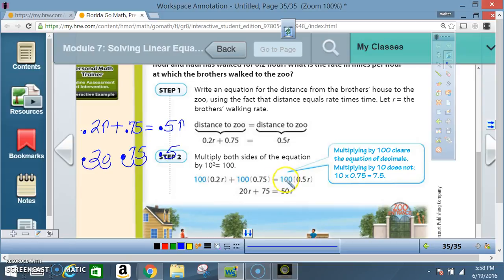On the other side, 100 times 0.5, two places, ends up being 50. So we end up with 20 times R plus 75 is equal to 50 times R.